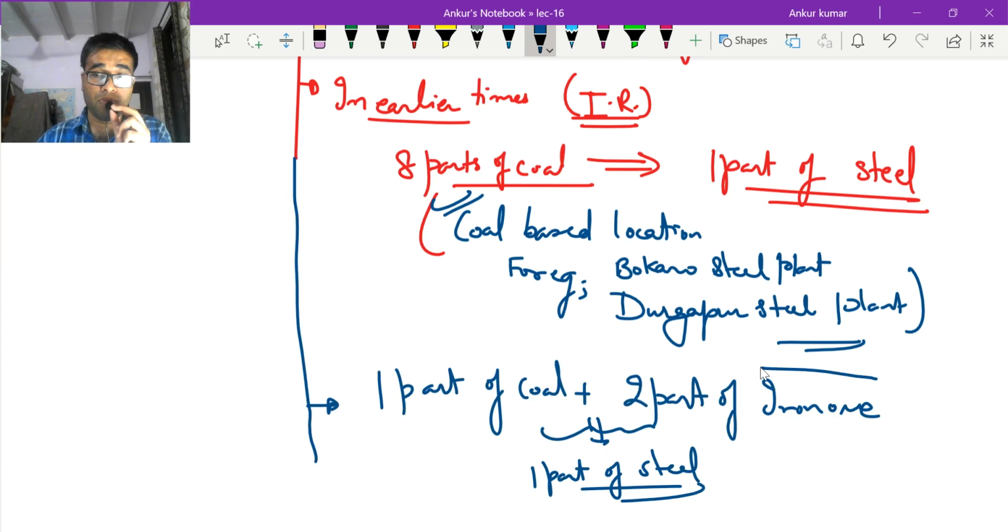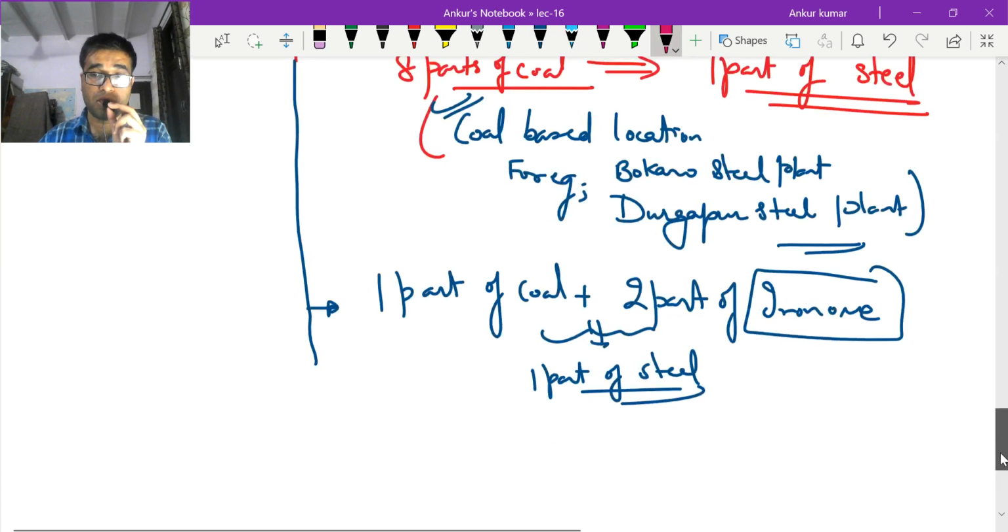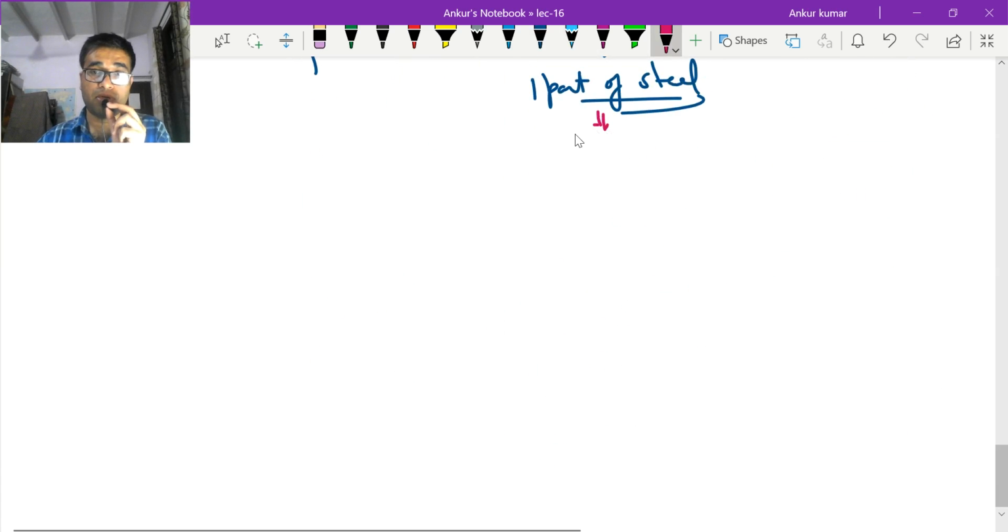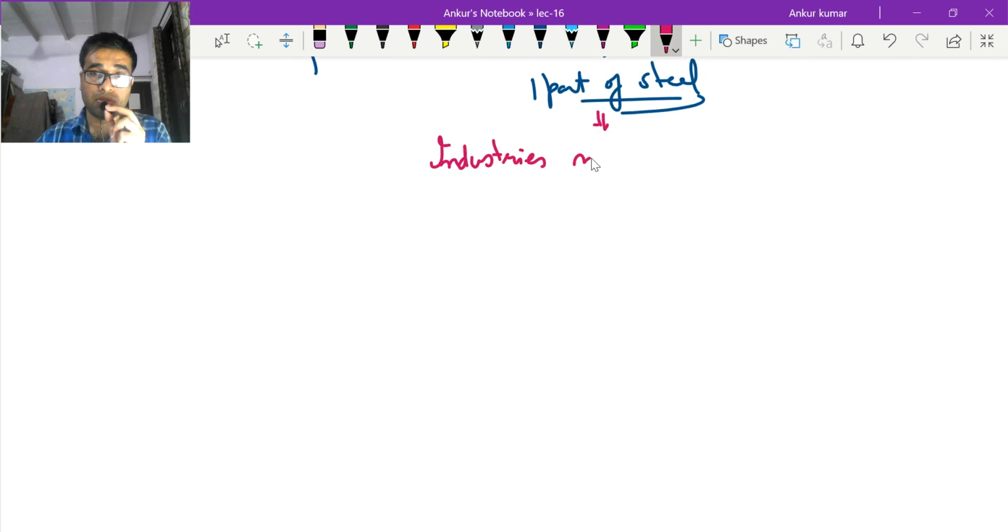That means now we need more iron ore. So in this case, industries migrated toward the iron ore centers.